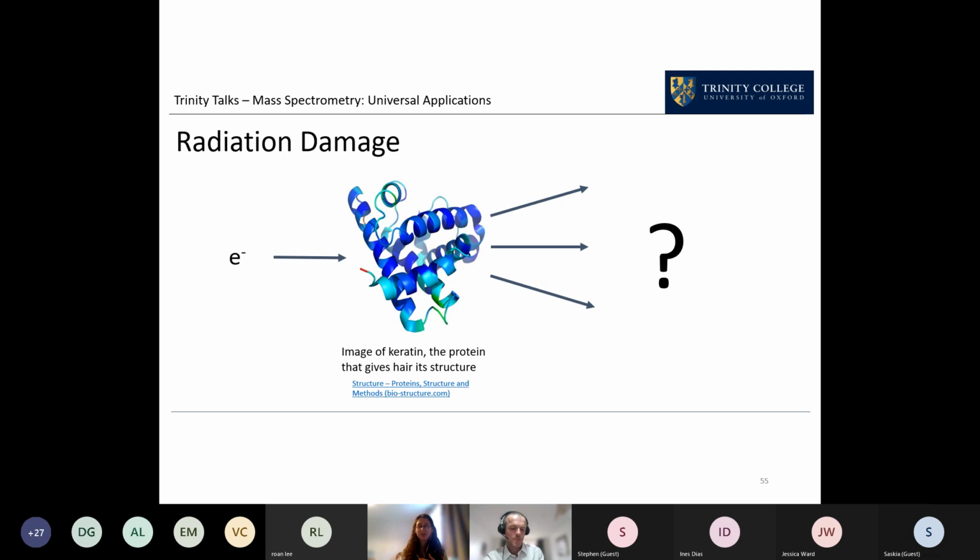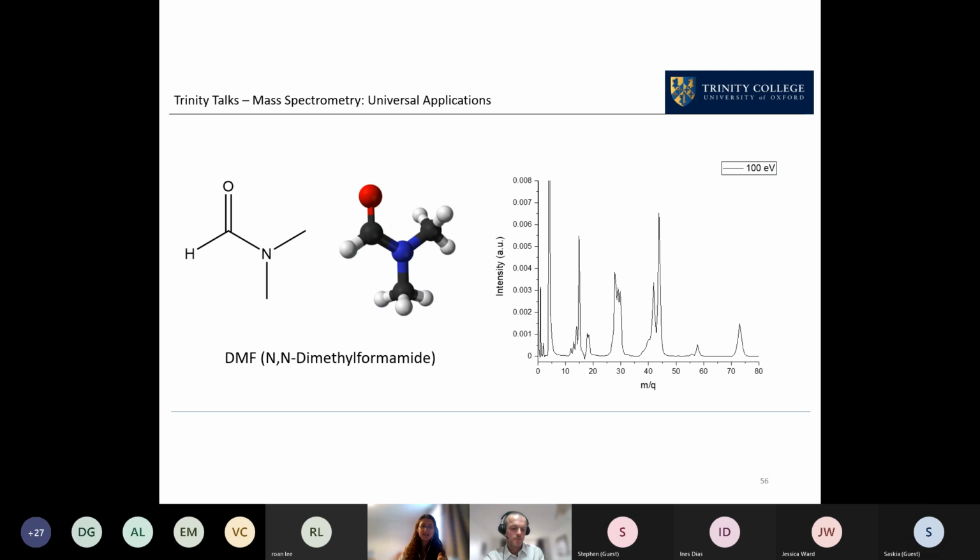So I'm studying pretty much the simplest analog you can, which is DMF, N,N-dimethylformamide. That is nitrogen, and it's got two CH3 groups, which are just those sticks coming off it. And then it has a COH group, which is that section coming off the left.